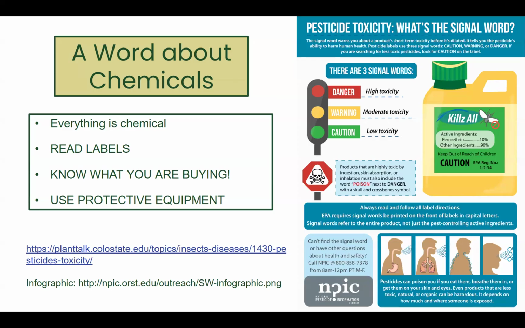So when you purchase something, you need to read that label. You've entered into a contract where you are required to read that label and follow that label. It is important that you use any protective equipment that is detailed on the label. We're going to get into this more, and I will send this in an email later, but we do have some links regarding pesticide toxicity if you have more questions about that.